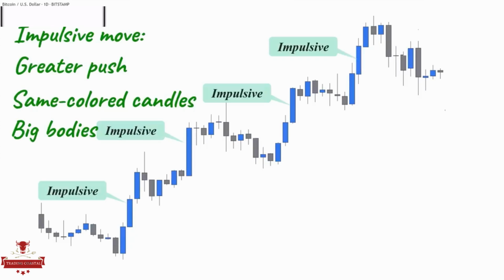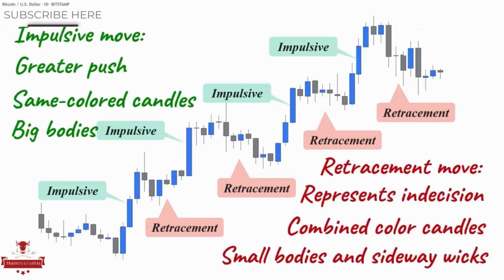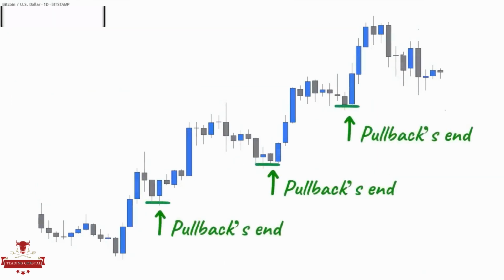On the contrary, retracements represent a form of indecision on the chart with combined color candles with small bodies and sideway wicks. Identifying the end of a pullback and the start of an impulsive move could be highly profitable, as it enables us to capitalize on potential buying or selling opportunities in the market.